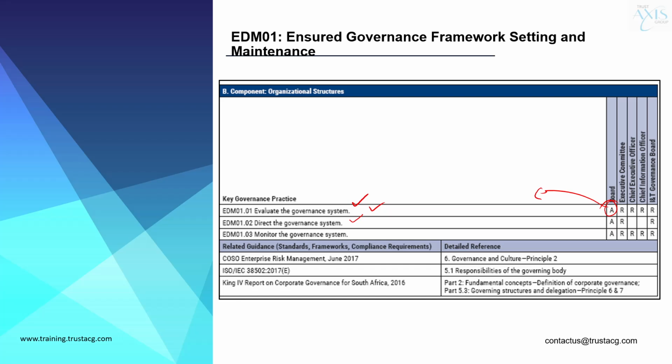And since it's a cumulative decision, an individual cannot give effective direction.